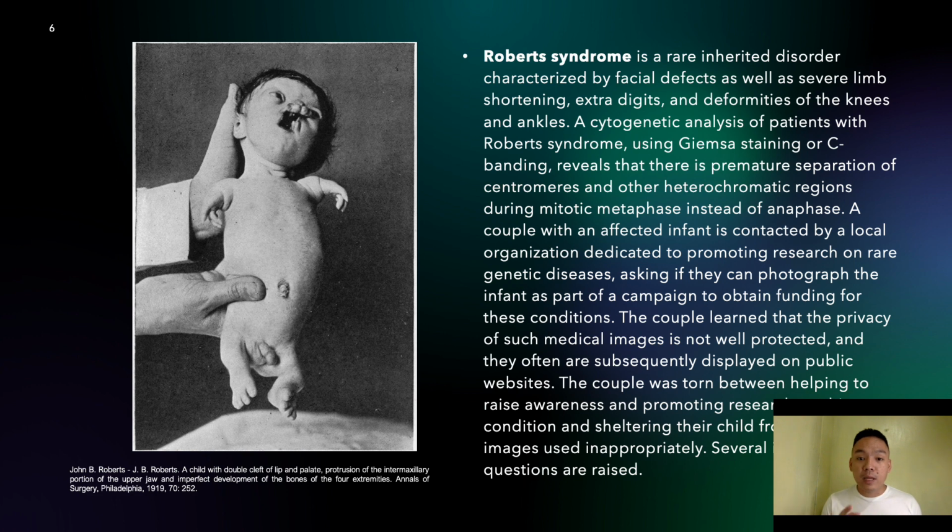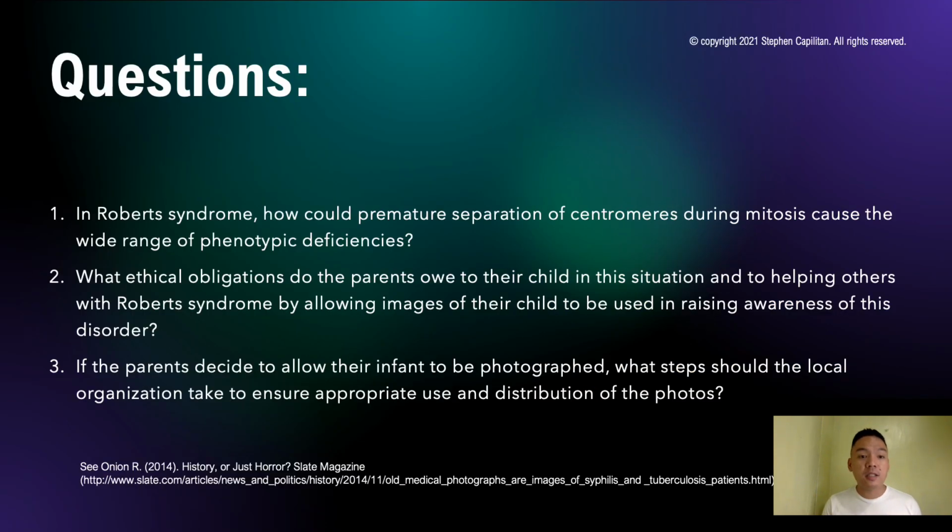So after reading this problem, I'm going to go to the questions that you're going to answer. The first question is, in Roberts syndrome, how could premature separation of centromeres during mitosis cause the wide range of phenotypic deficiencies?